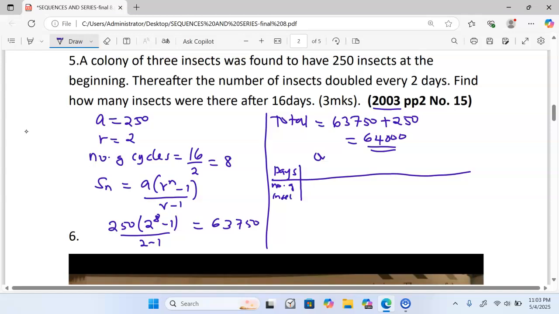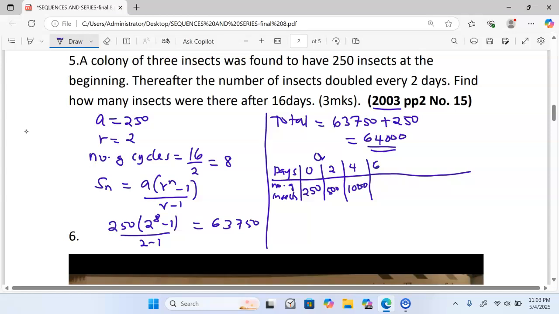The number of days, we have 0 days at 250. And then for the next 2 days, we will be having twice the first, which will be equal to 500. For the next 2 days, we shall be having 1000.